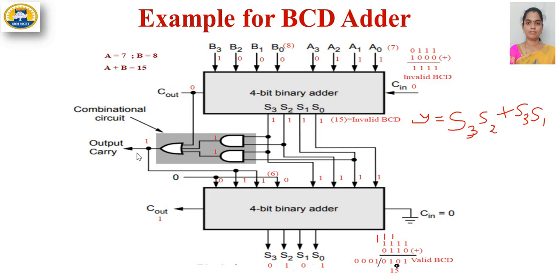The sum is 0 and the carry is 1. We have to consider the carry. If the carry is 1, this carry should be given as the input here. So 0, 1, 1, 0 is given as input to this other 4-bit binary adder.